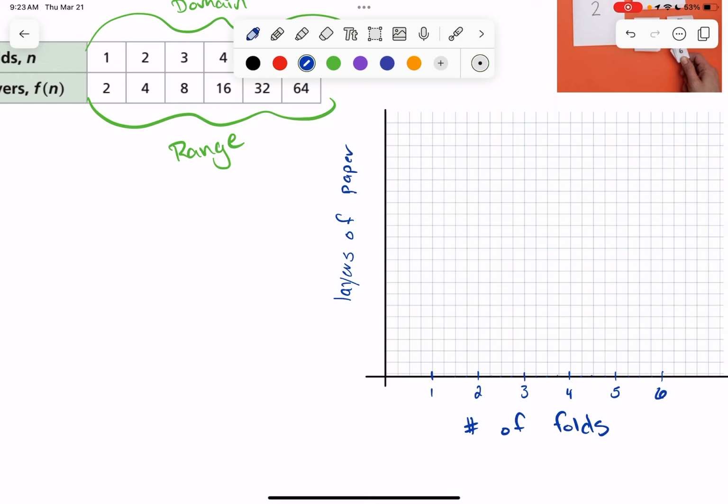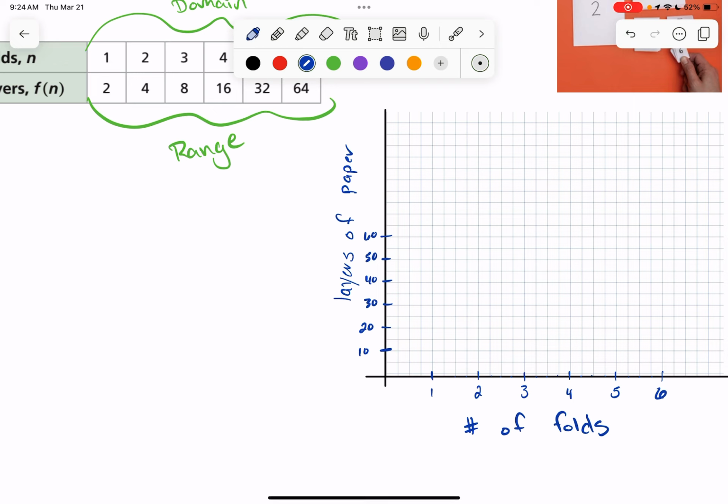So what do we want to count by? They're all even, so maybe count by 2s or 4s, or maybe 10: 10, 20, 30, 40, 50, 60.